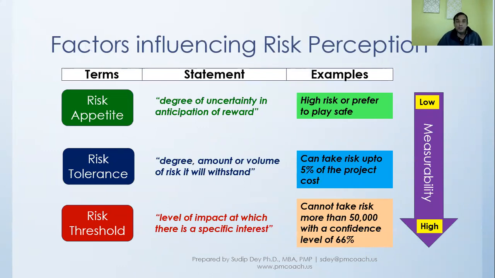So we should be conscious about the measurability when stakeholders express their risk perception, because that is how we'll be able to incorporate their view of risk threshold, risk perception into our project.